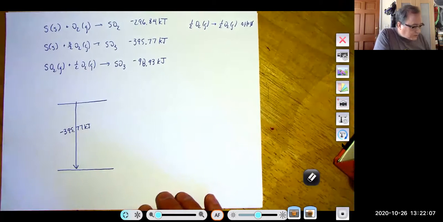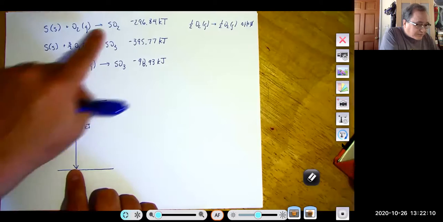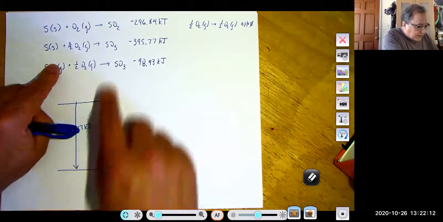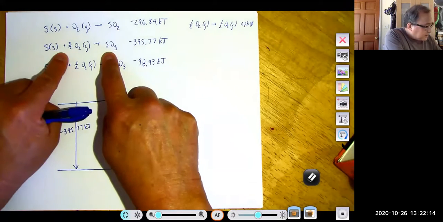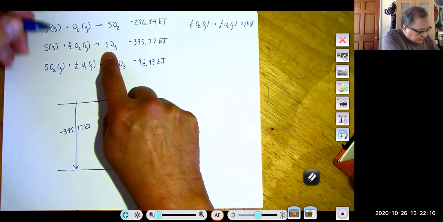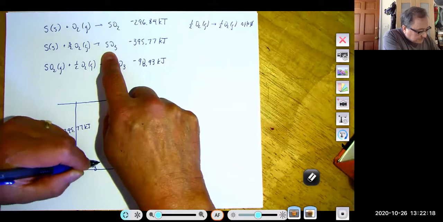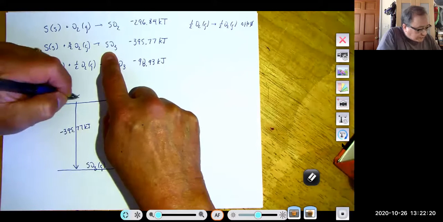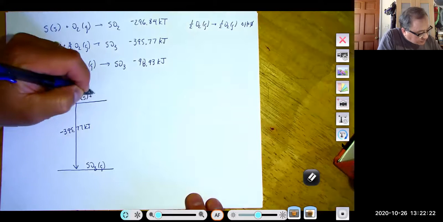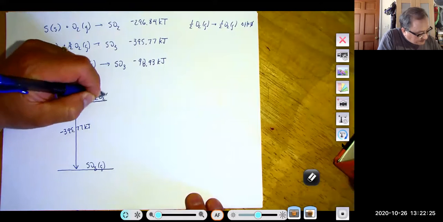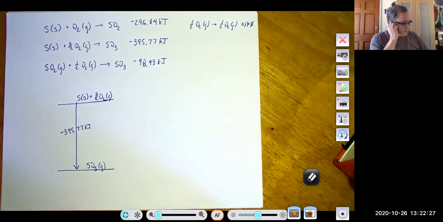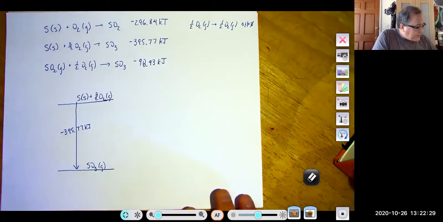What always goes at the head of the arrow? The product. So looking at the second reaction, I write SO3 at the bottom, and sulfur solid plus 3/2 O2 at the top. Now I've taken care of that one.